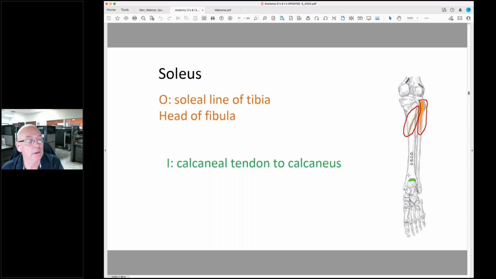But same insertion as gastrocnemius, the calcaneal tendon or the Achilles tendon to calcaneus. Soleus is, by the way, Latin for flat sort of sandal shape, like a solefish, I guess. Anyway, all right.